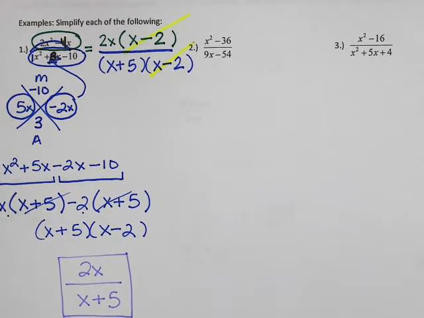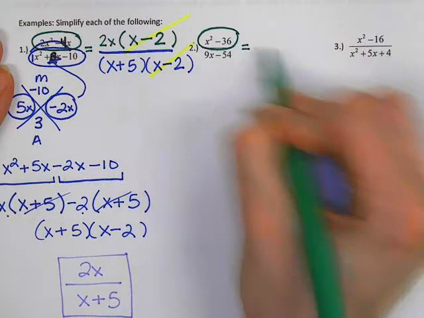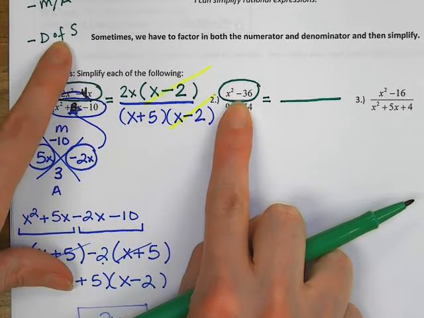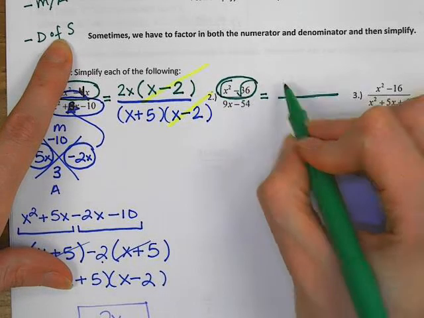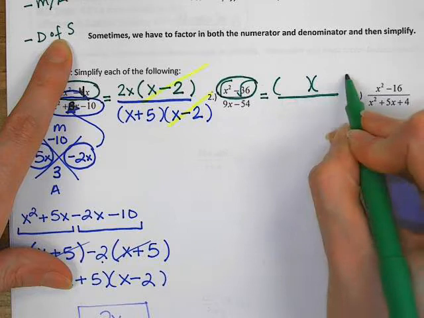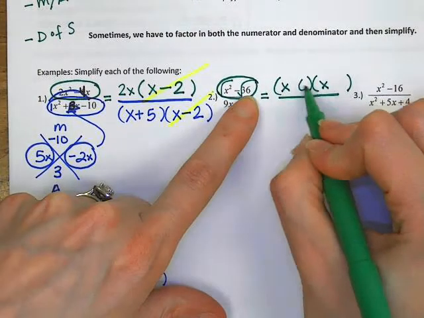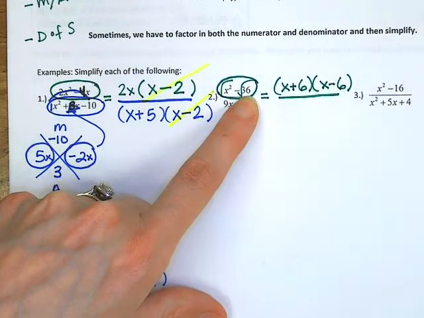All right, number 2. Let's start with the numerator. What type of factoring is this? I would say that it's a difference of two squares. So this is the one where you square root them both, and one's plus and one's minus. So it's x and x, and it's 6 and 6, and one's plus and one's minus.